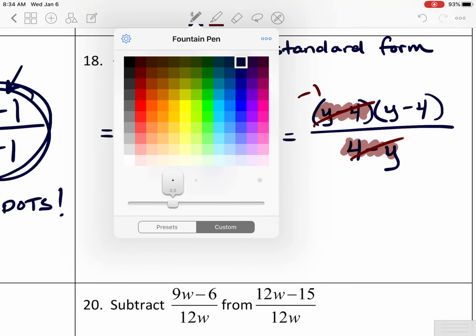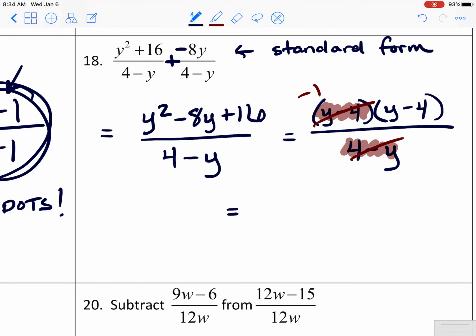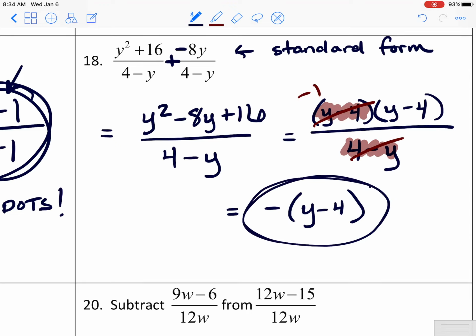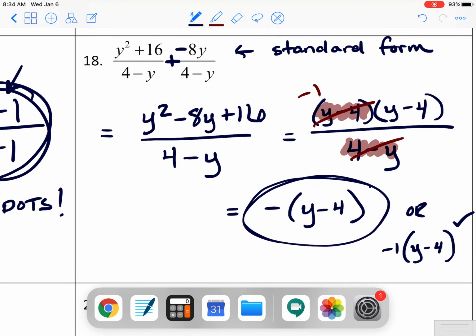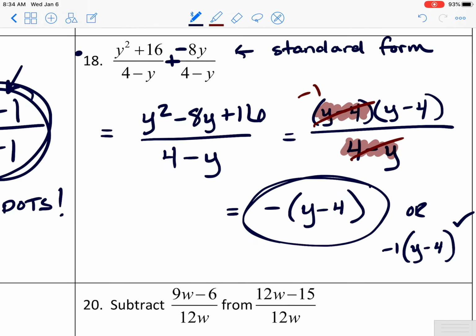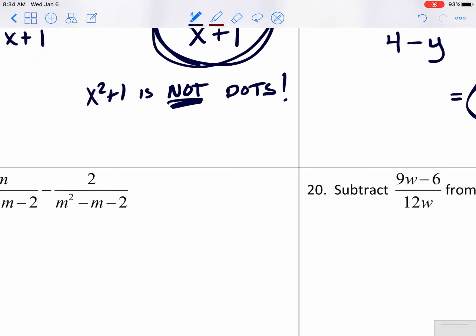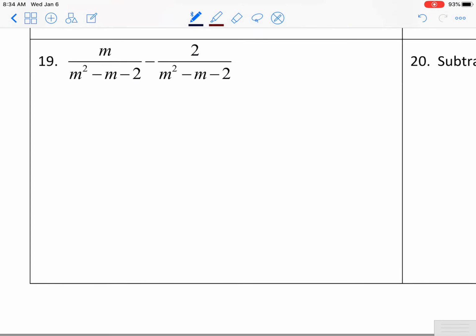So my final answer for this one is negative y minus 4. You got that -1 in the front. Or if you wrote -1 times y minus 4, that would be okay as well. So 16 is also a tricky one, or 18, sorry. All right, last two.